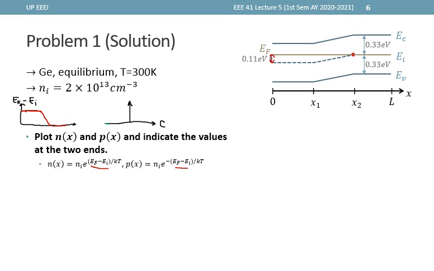So e raised to c should be this exponential here, while e raised to minus c should look something like this. So the dark green one is exponentially increasing, while the yellow green one is exponentially decreasing.